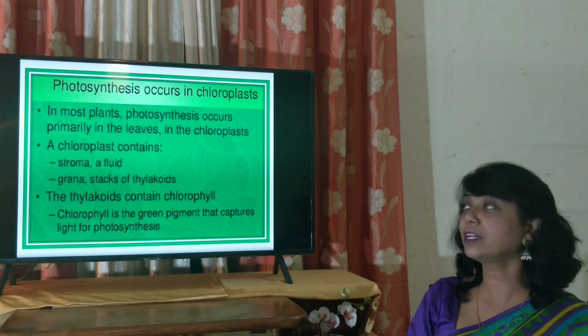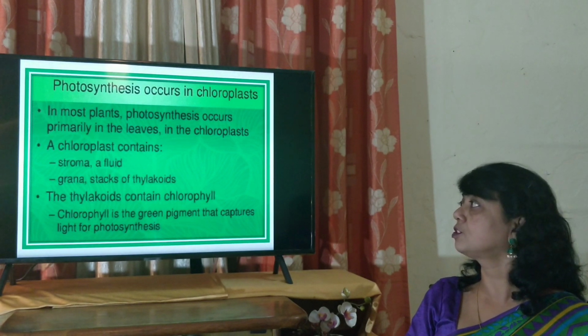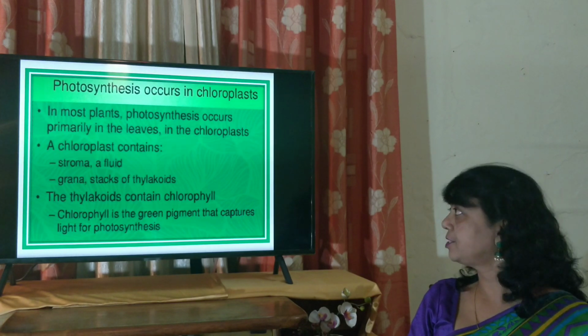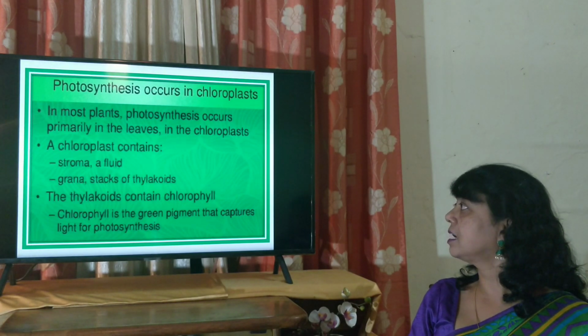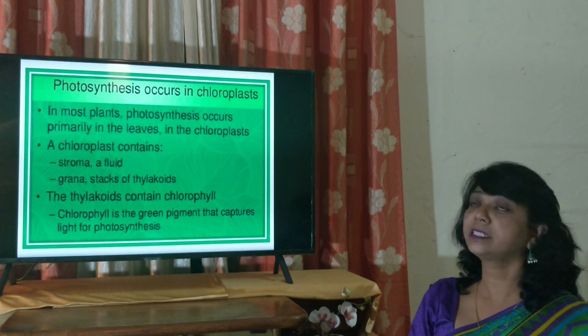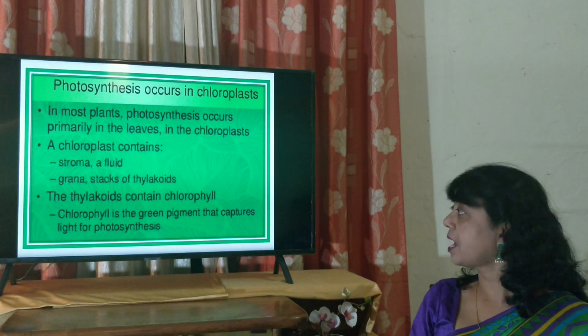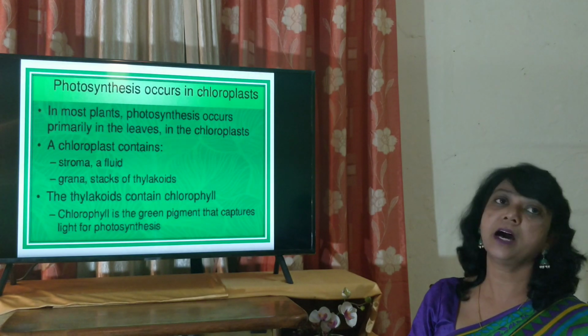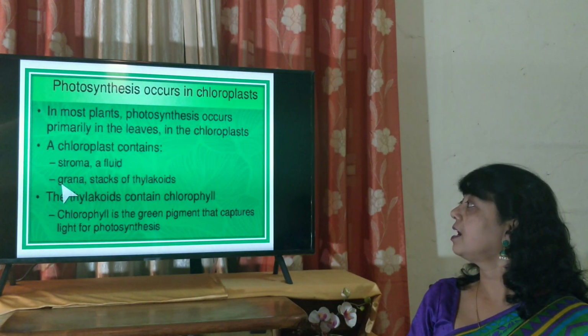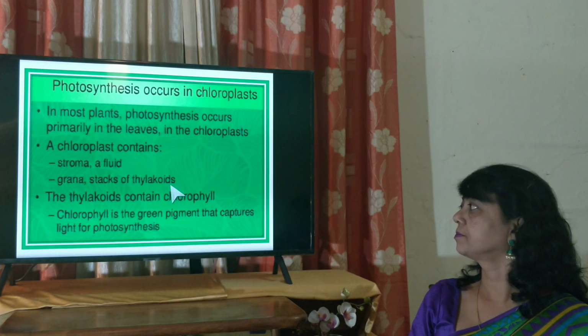Do you know the structure of chloroplast? Of course, we have studied it in our previous session. A chloroplast contains stroma, and the second part is grana. Stroma is a fluid, grana are stacks of thylakoids.